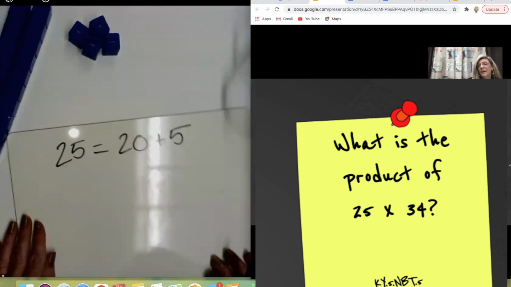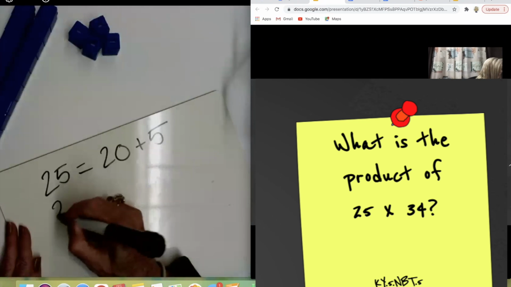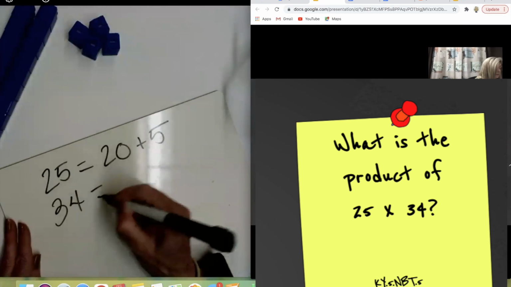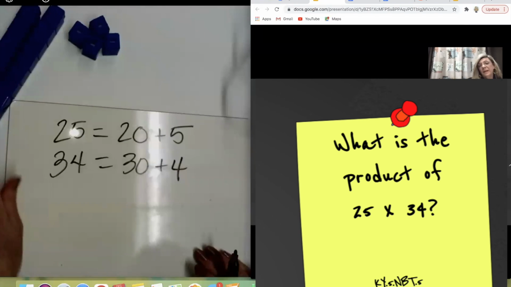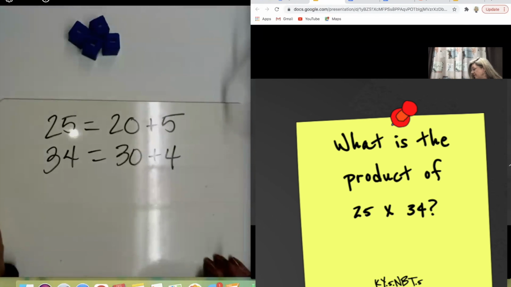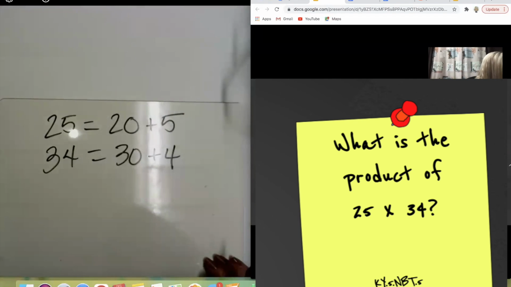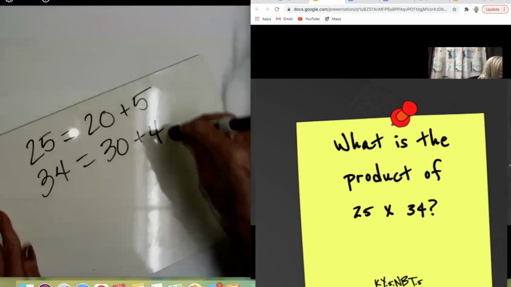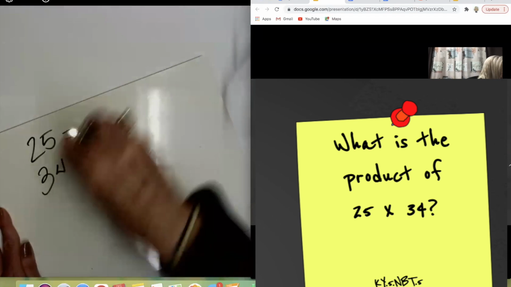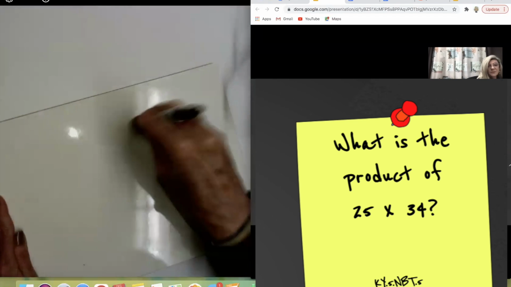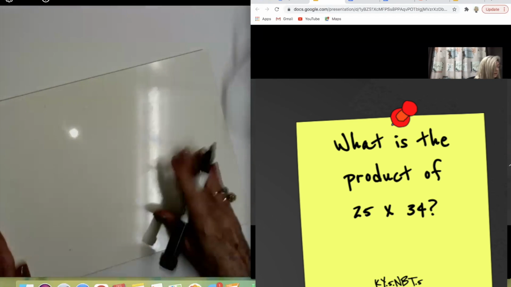And then they have to understand, of course, that 34 is equal to 30 plus 4. That's some background knowledge they would have to have in order to do this. Okay? So once we know that they know that, then they can multiply 25 times 34 using an area model.